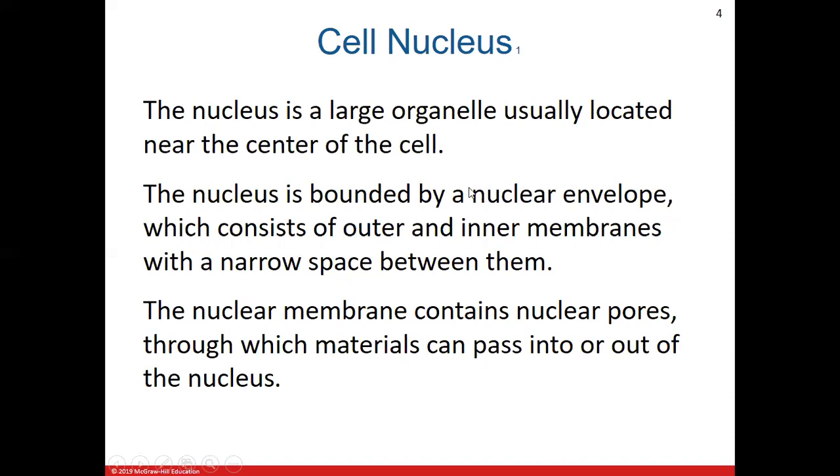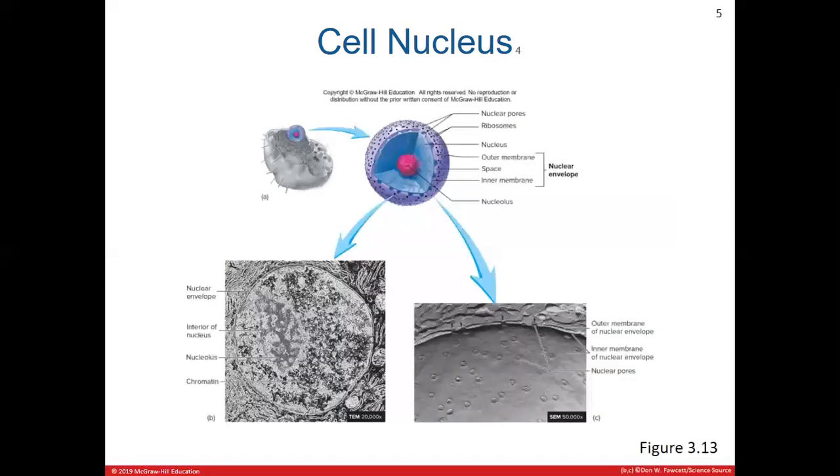It has a membrane around that nucleus, and that basically has an outer layer and an inner layer, and a little space in between those two layers of that membrane. However, that membrane does have specialized openings or little pores that allows certain materials to pass in and out of the nucleus.